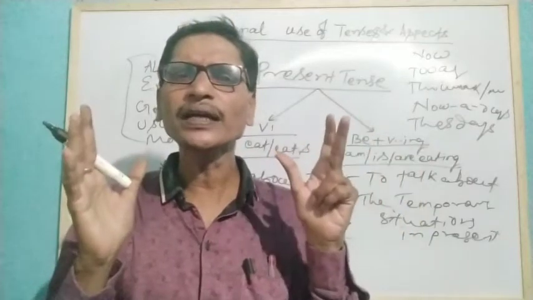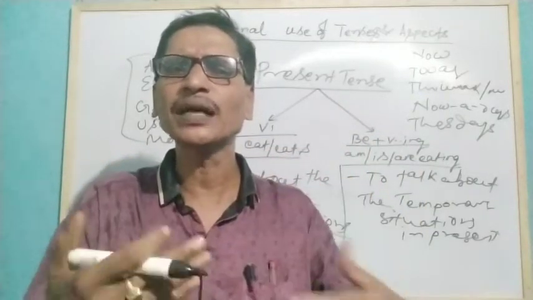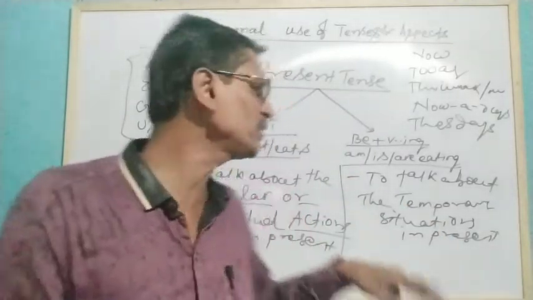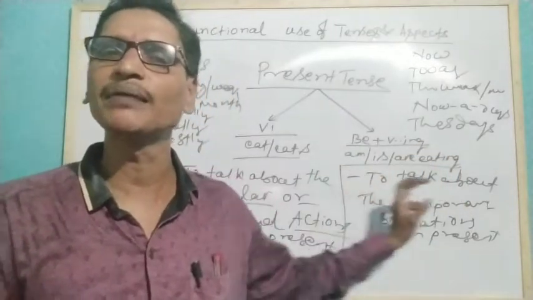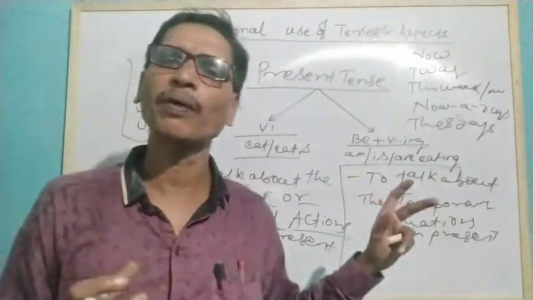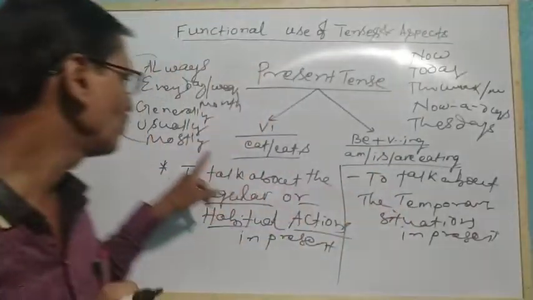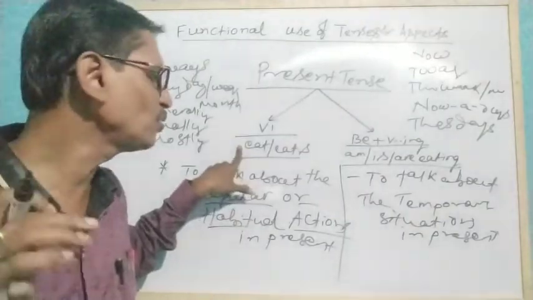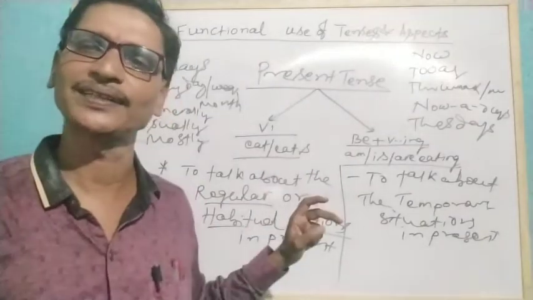So when we are talking that something is a temporary situation in present, or something is happening now at present of time, then we use be verb plus ing. That means am, is, are plus ing to talk about the temporary situations in present. We use first form, present simple aspect to talk about the regular or habitual actions in present. Okay?